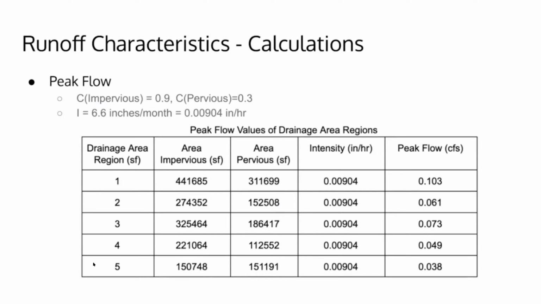When converted to inches per hour, the value comes to about 0.00904. Peak flow is lastly determined by multiplying the runoff coefficient by rainfall intensity by the square footage of the area. Q equals C times I times A, and all our calculated values are displayed on this table.